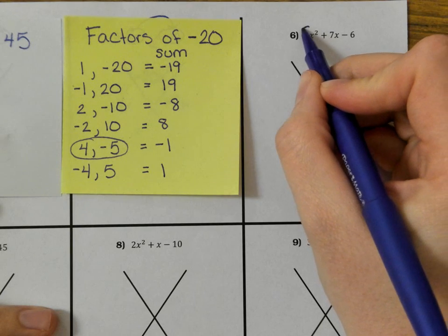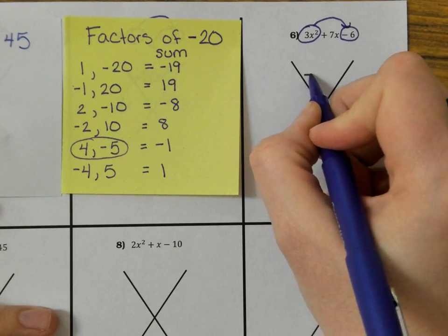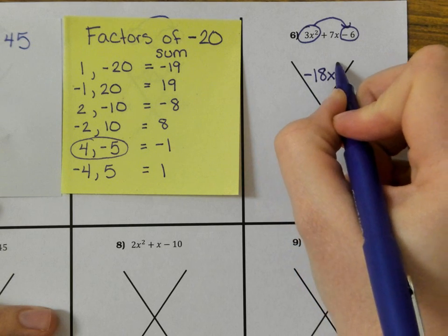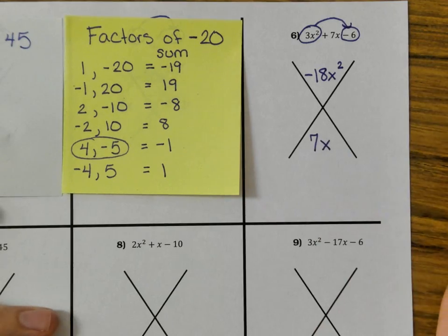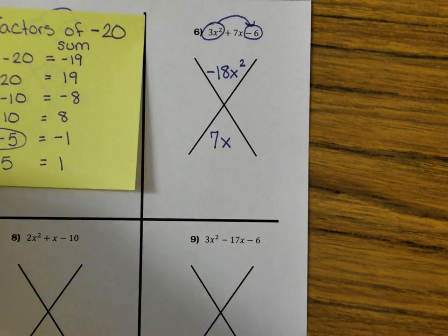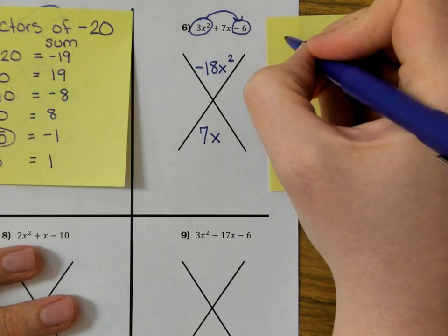Again, first term times last term, which is negative 18x squared, the middle to the bottom. So this time I need to find factors of negative 18.